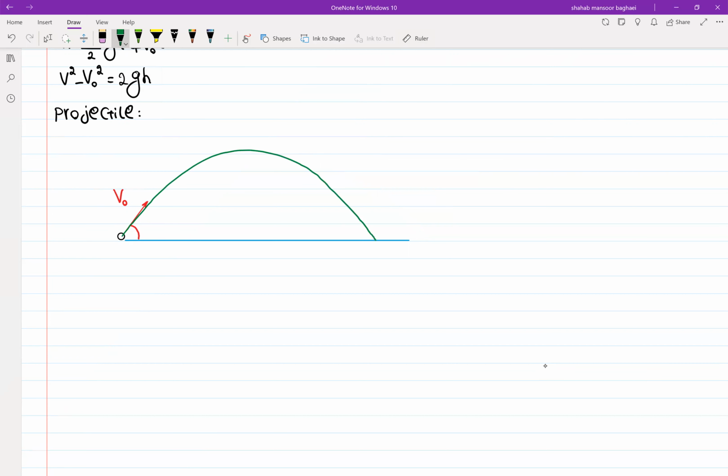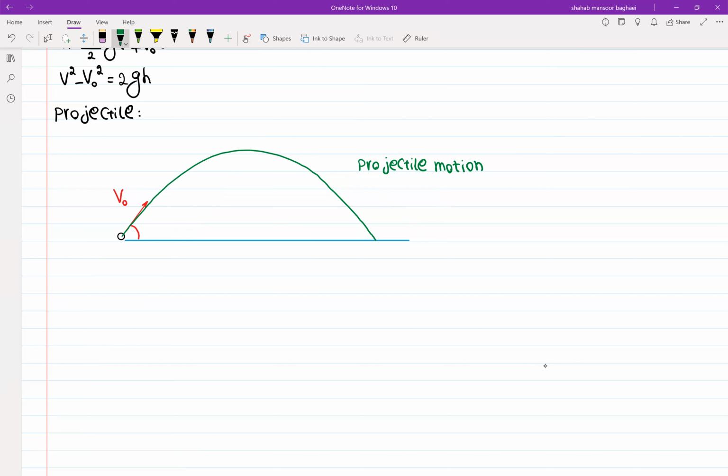This one is better. This object is a projectile, and this motion is called projectile motion. And it has many applications.